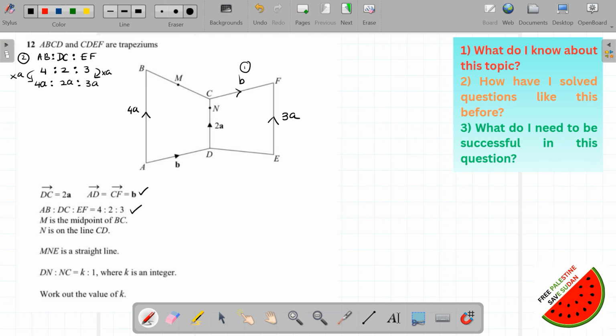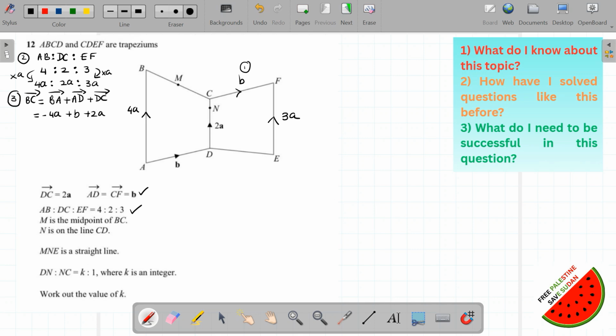M is the midpoint of BC. We don't know what BC is, so let's work out BC. I'm going to first write out the journey of BC: BA plus AD plus DC. Now BA will be minus 4a because it's going in the opposite direction to AB. AD will be b, and DC will be 2a.